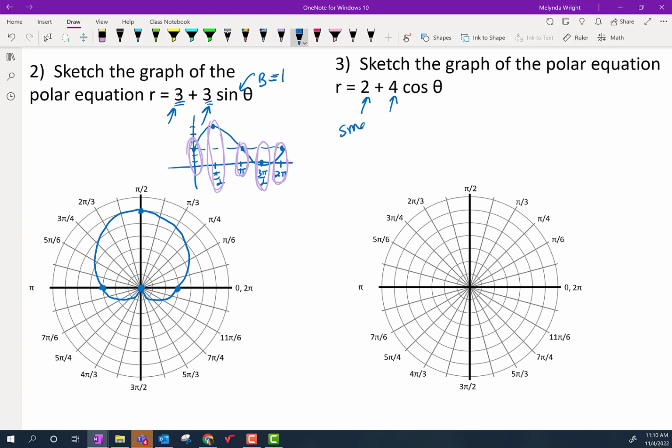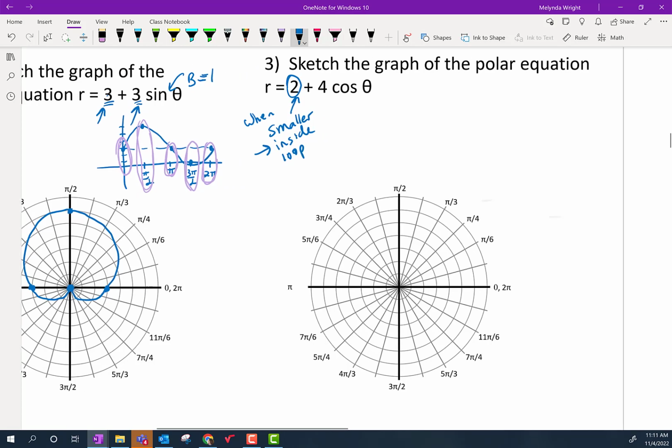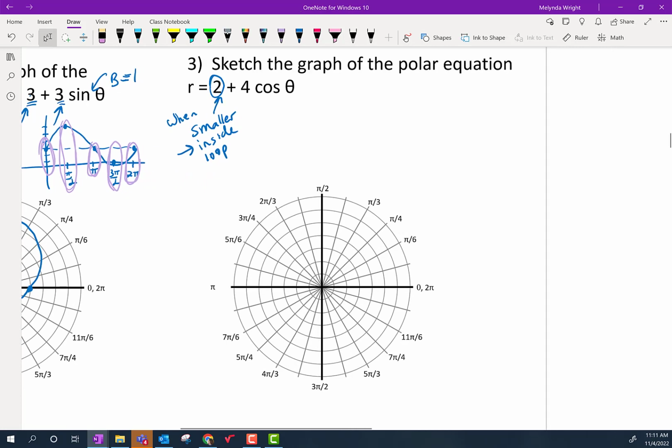When that number is smaller than 4, or the B, you will get an inside loop. And I'll show you how you can tell on the graph, on the Cartesian graph itself. So that's just a heads up on what we're getting ready to travel into.